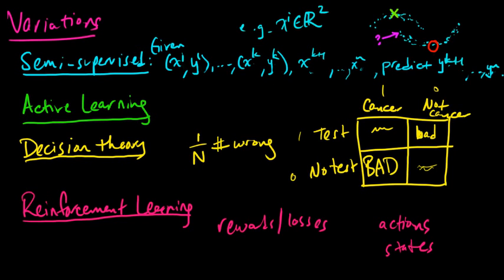So in reinforcement learning, you're thinking long term and you want to maximize your overall lifetime reward, or minimize your lifetime loss. And this ends up being quite different. You have to be a little clever about how you do this.